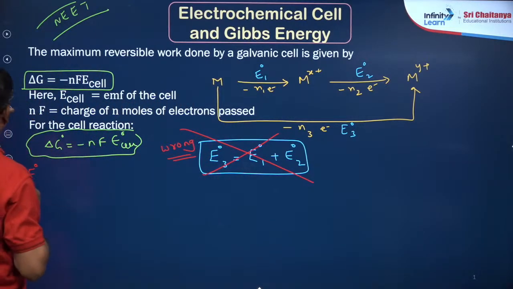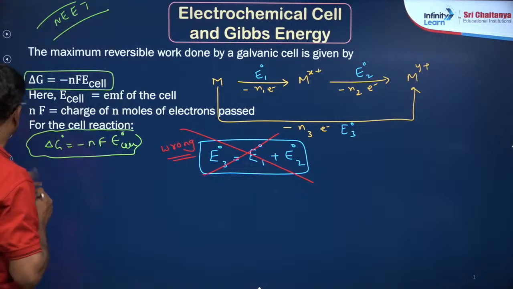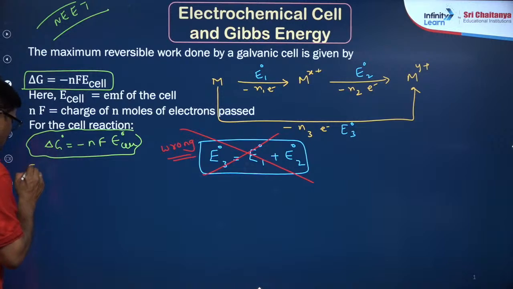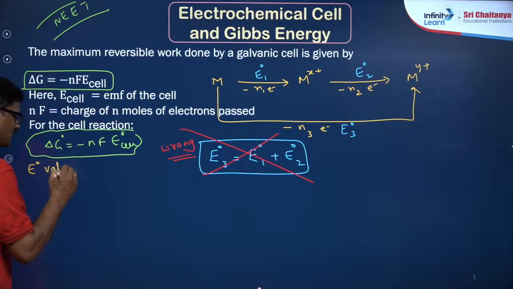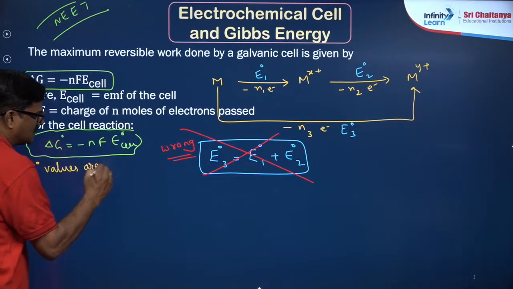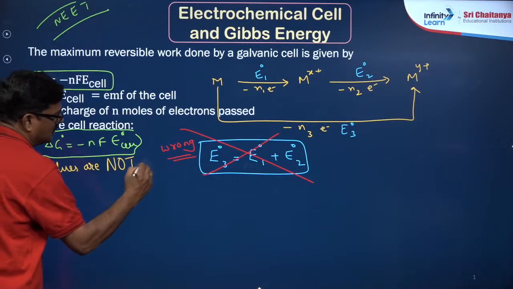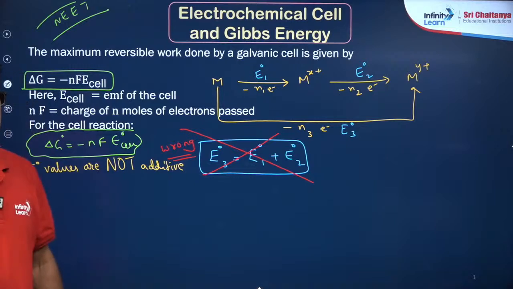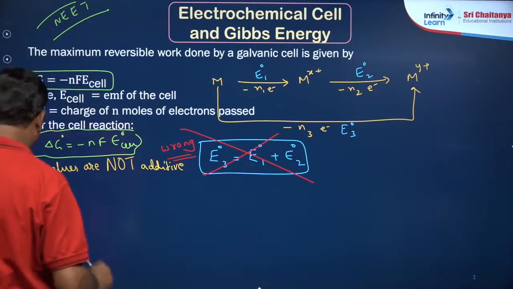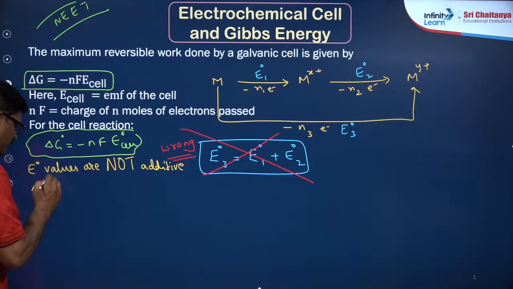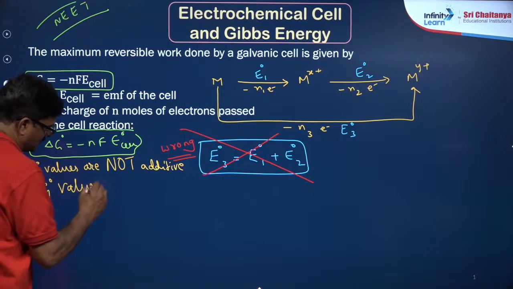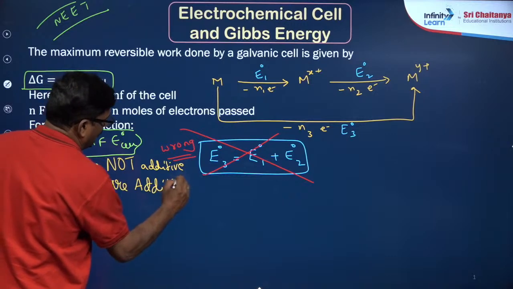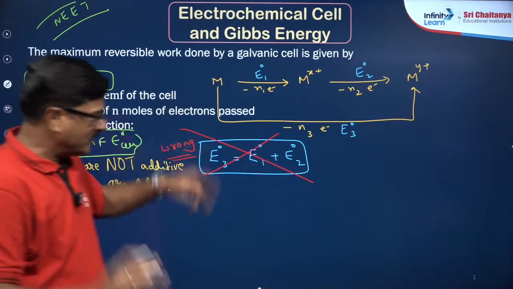E0 values are not additive. ये खतरनाक स्टेटमेंट है. बस. Whereas delta G0 values are additive. ऐड करने के परमिशन है.